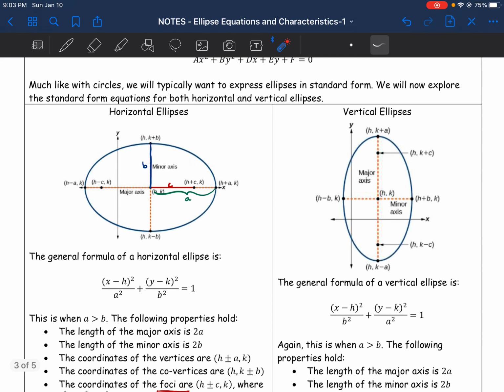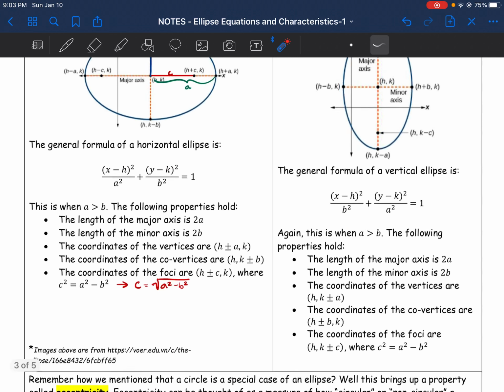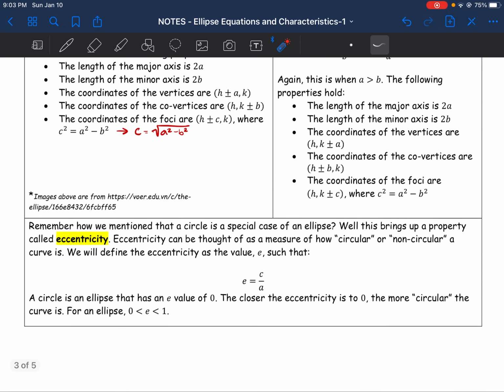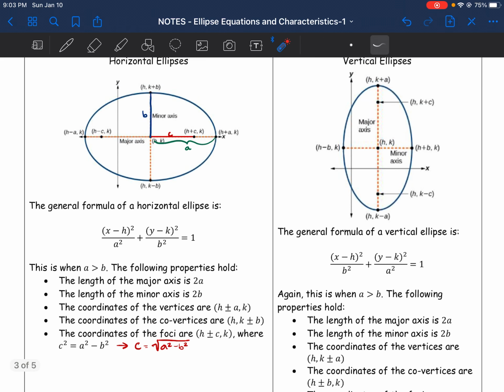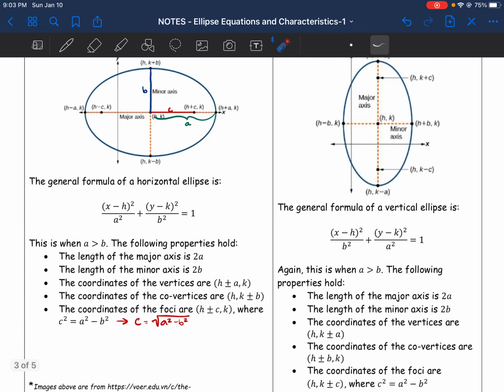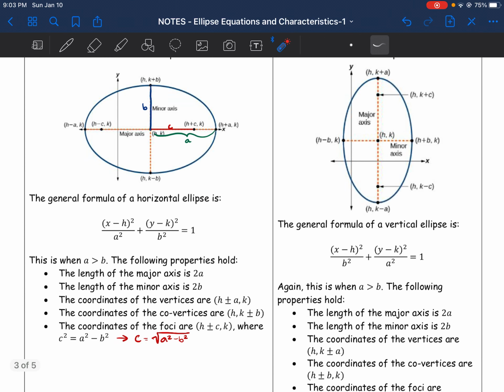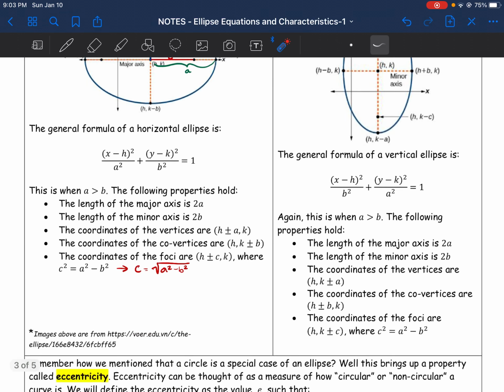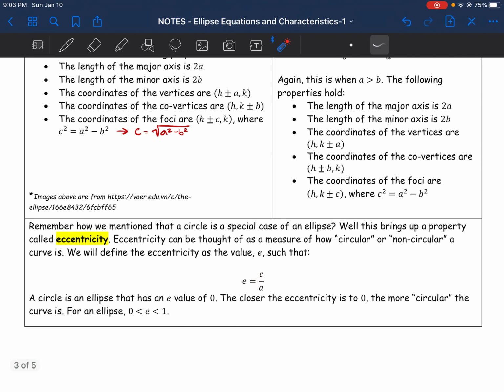So we're looking at the ratio between the distance between the center and the focus and the distance between the center and the vertex. It turns out that a circle is an ellipse that has an e-value, an eccentricity, of 0. And what that basically means is that if you have an eccentricity of 0, that means that the distance c is 0. So that's how a circle is a special case of an ellipse.